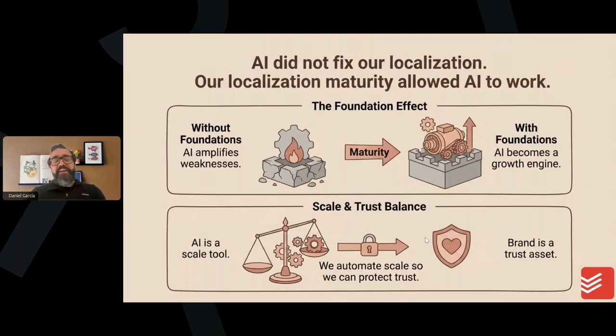Okay, as I said, foundation effect plus a scale and trust balance. AI did not fix our localization. Actually, we didn't have anything to fix. It was working very well. But our localization maturity from 2017 to 2024 is allowing AI to work.